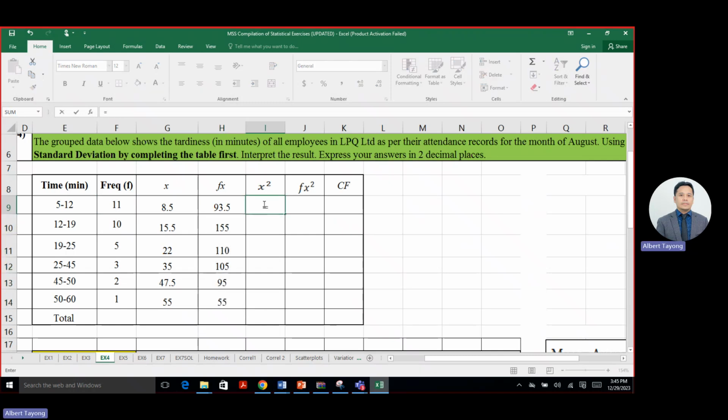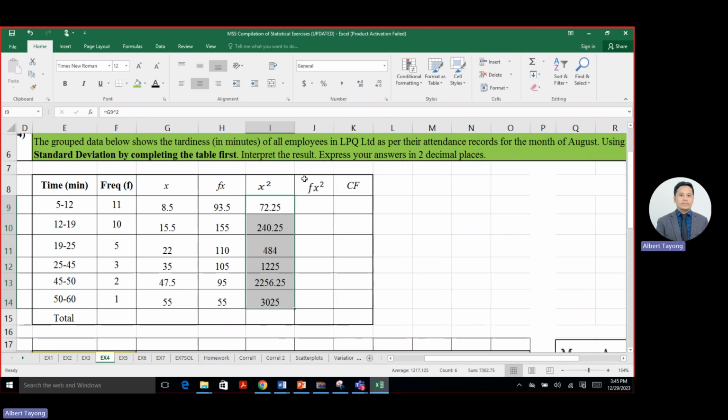Now the x squared, that is equal to the midpoint, shift 6, 2. Raise to the power of 2 and drag it down. And fx squared, that is equal to the frequency, multiply the x squared. So please be careful here.